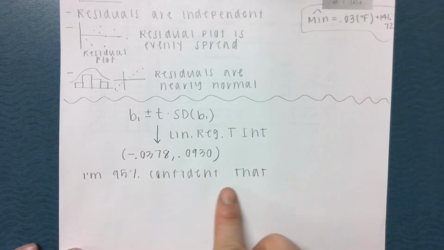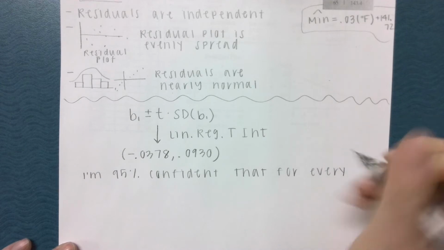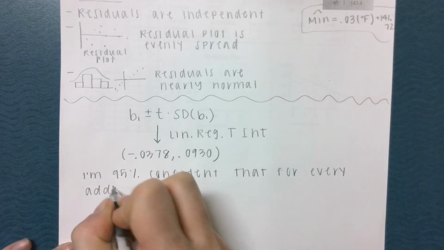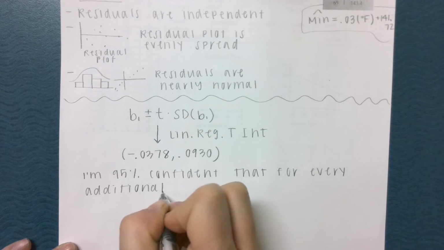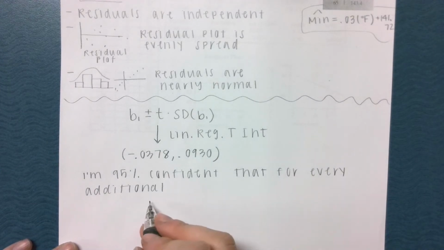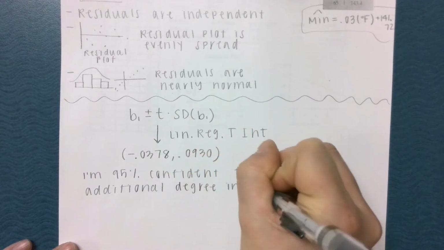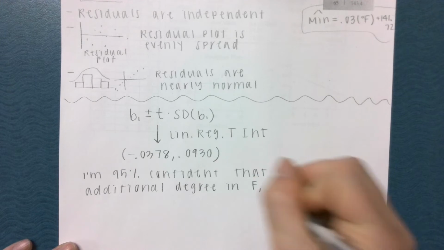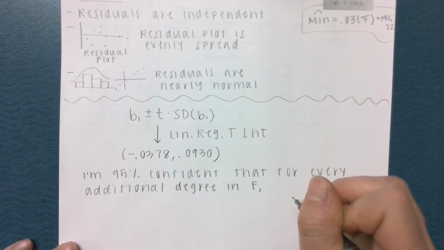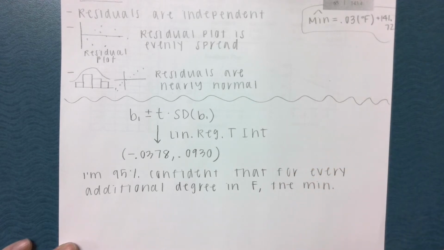So I'm going to say I'm 95% confident that for every additional, here's where I'm going to input my x variable. So my x was looking at the degrees in Fahrenheit. So I'm going to say that for every additional degree in Fahrenheit, the minutes, and this was minutes to complete a marathon.